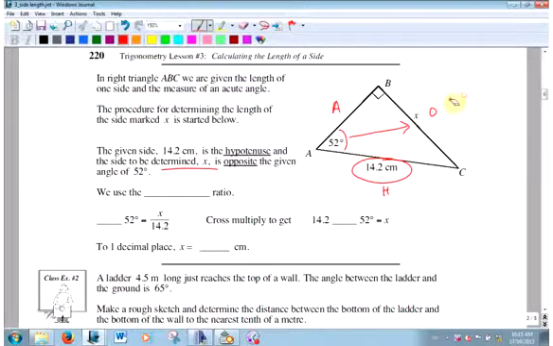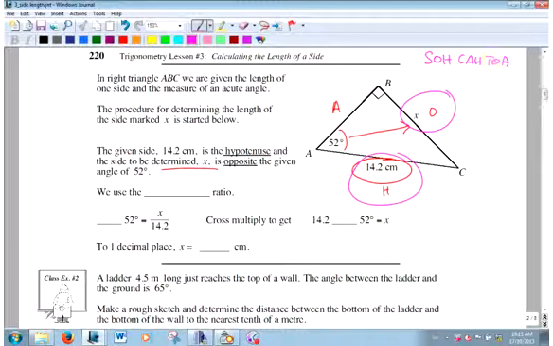Let's use a different color. Okay? I have hypotenuse. I need opposite. That's your clue as to what ratio you're going to use. Let's write this again. SOH CAH TOA. Because the first couple of days is all, Mr. Watson, like, I don't get it. Which ratio do I use?